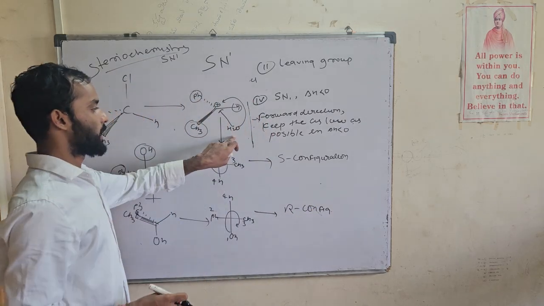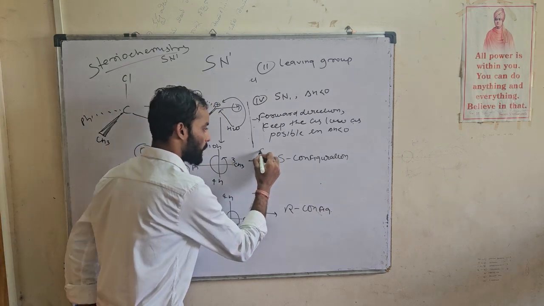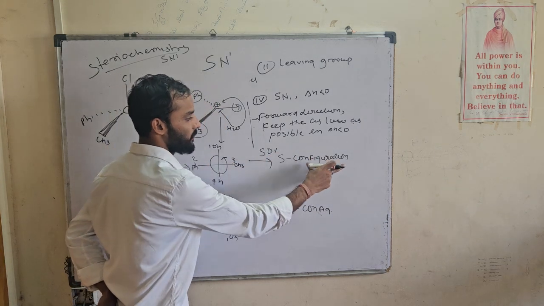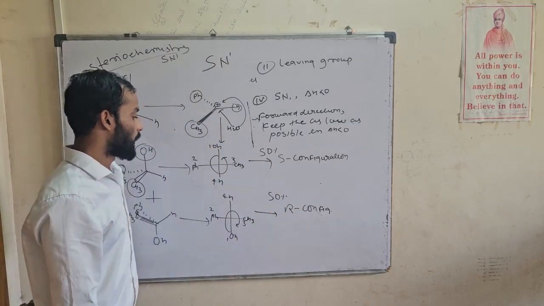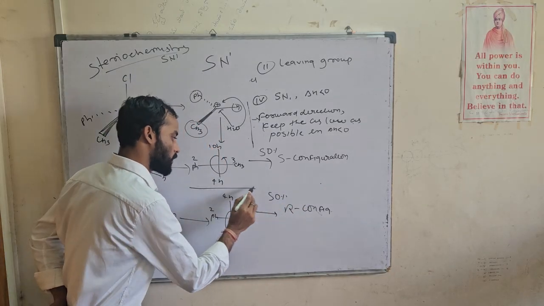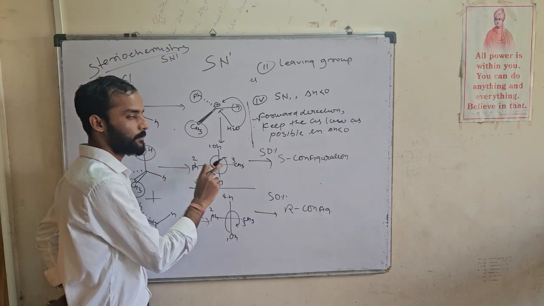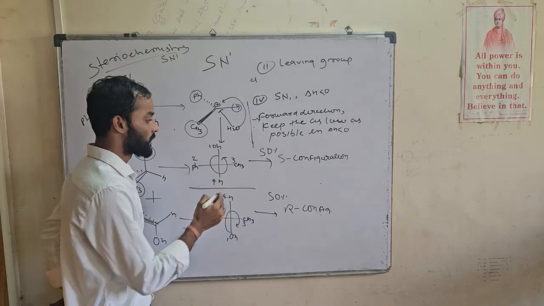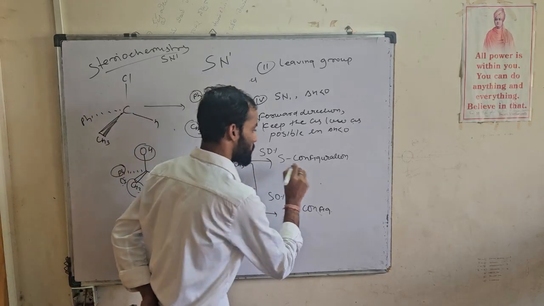Since water has equal probability to attack from top or from bottom, we get 50% S configuration and 50% R configuration. When we place a mirror between these two products, we observe that these two products are mirror images of each other. It means these two products are enantiomers.